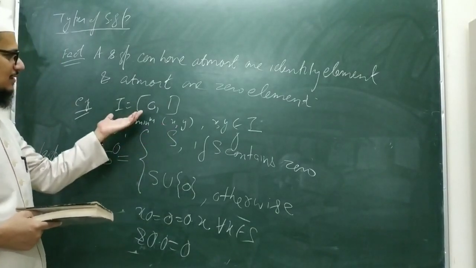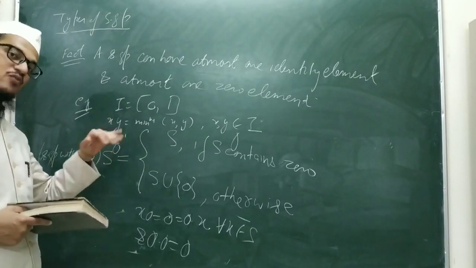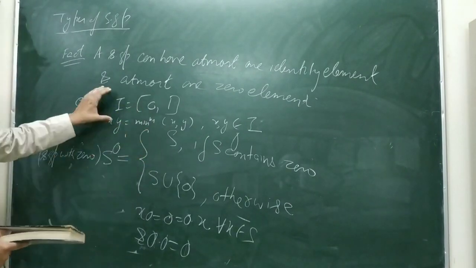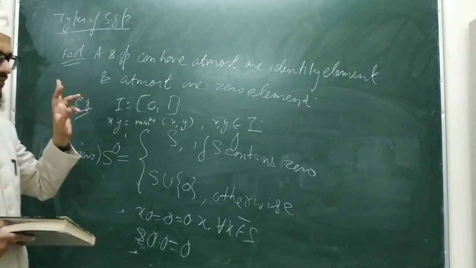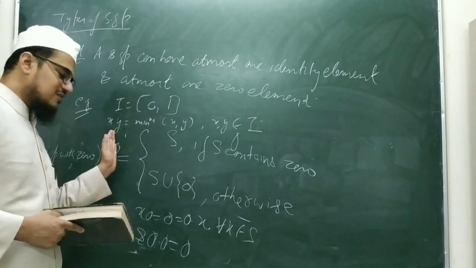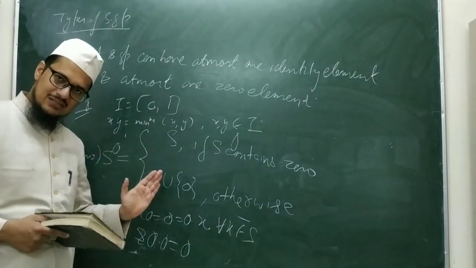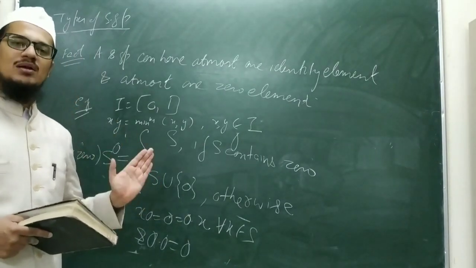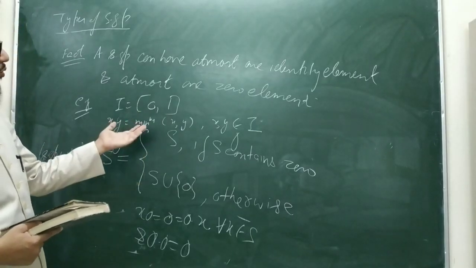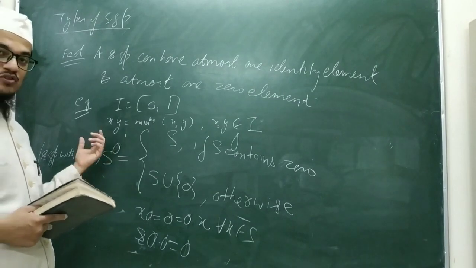Now you can search out whether it contains a zero element. If it contains, then what is the zero? You have to verify that with respect to this operation it forms a semigroup or not. First thing. With respect to the operation defined this way, does identity exist? Does a zero element exist? If an identity element and a zero element exist, then what are those? So you can see that here 1 is the identity element and 0 is the zero element.